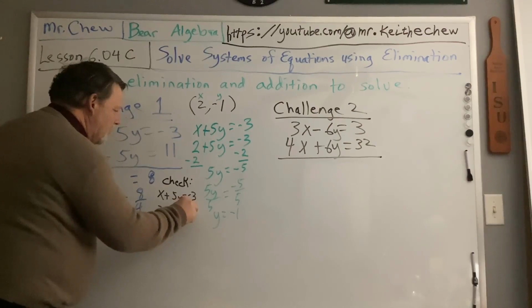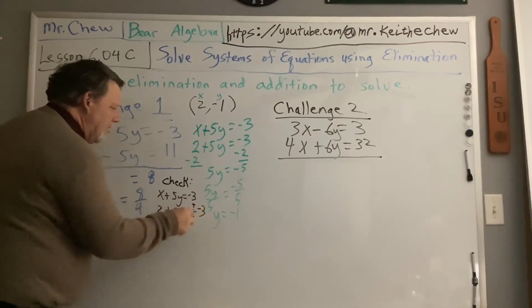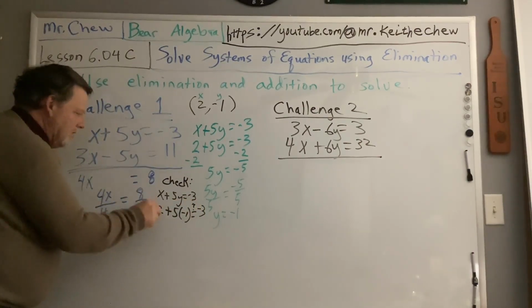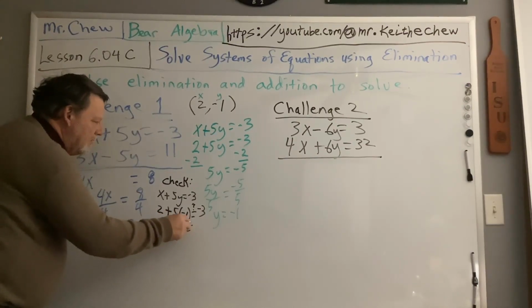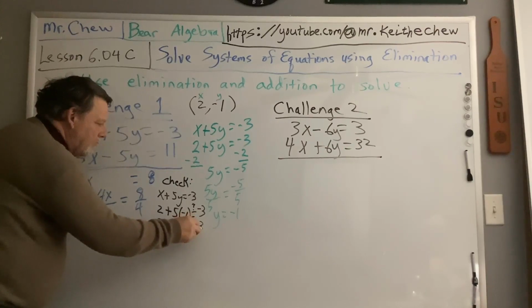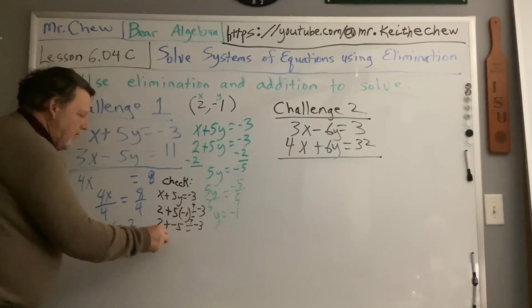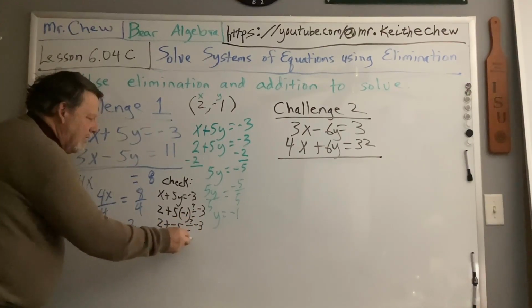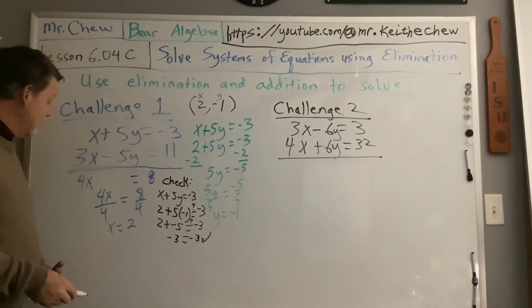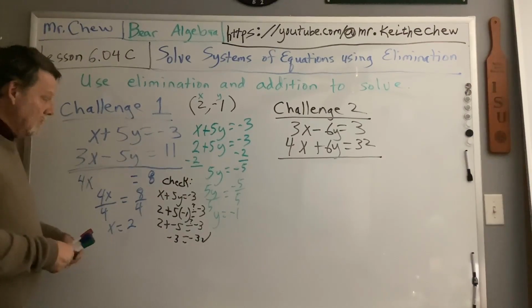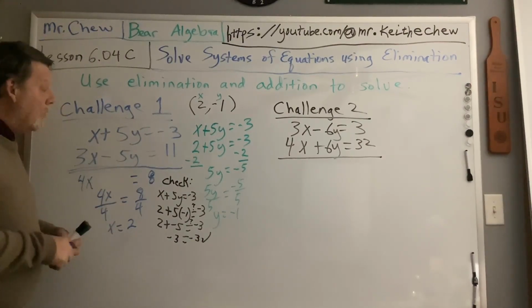I put a question mark above my equal sign and see if that's true. So 2 plus negative 5, does that equal negative 3? 2 plus negative 5 is negative 3, and negative 3 equals negative 3, which means that that particular one is on the line.